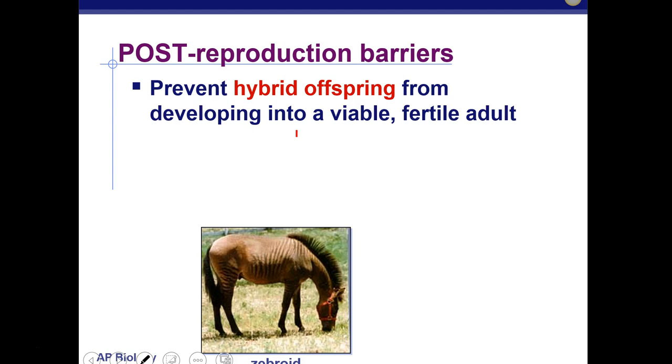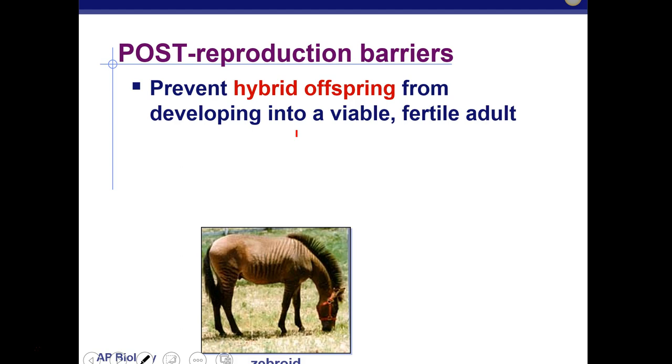You've got your geographic barrier, your ecological barrier, your temporal barrier, your behavioral barrier, your mechanical barrier, or your gametic barrier. Those things are what starts out defining a species. If they don't breed, they are two distinct species. Why they don't breed is usually one of those six barrier isolation reasons.